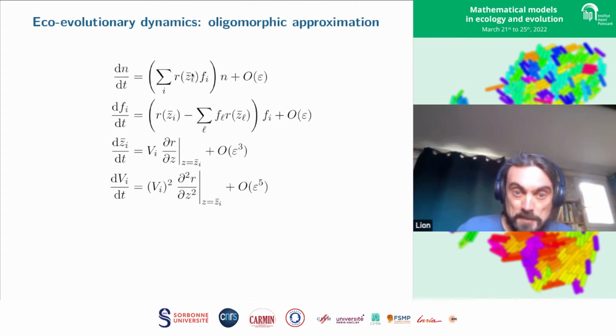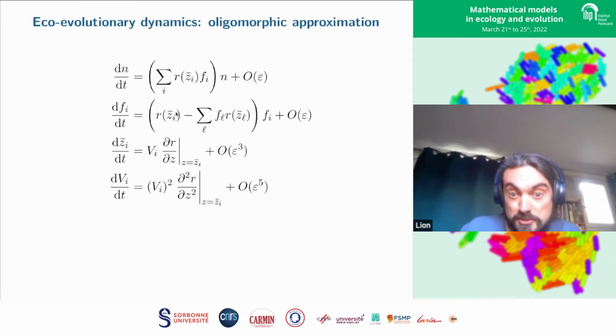So basically, as you can see, we just look at the leading order terms for each of these equations. The dynamics of the total density will depend on the means of each morph, and on the frequency of the morph.